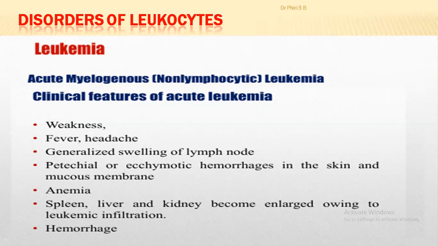You can also have hemorrhage because you don't have a normal platelet count, so you can have bleeding disorders as well. On top of that, you can also have infections, because you don't have enough immune cells to fight them. You can have headache, weakness, fever.